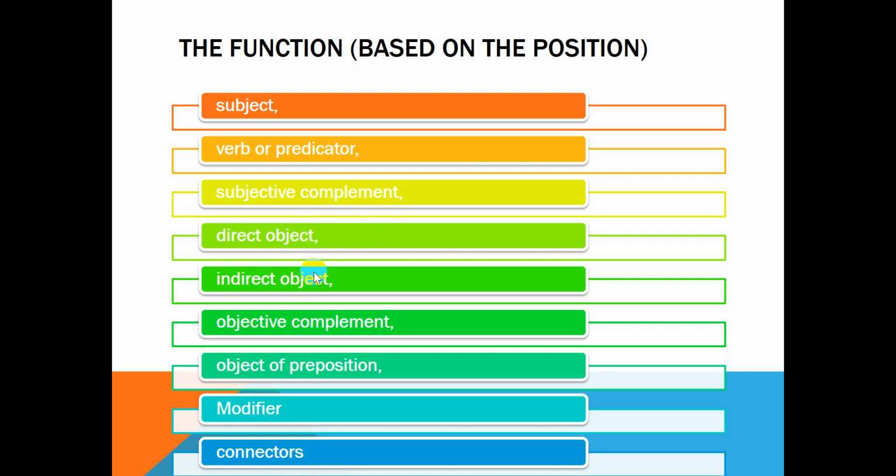Indirect object is in pattern 8. Object complement is in pattern 9. Then object of preposition, and then modifier and connector. These three are a smaller part in the pattern. But if we see the big picture of the head slot positions, it is just from subject to object of preposition.